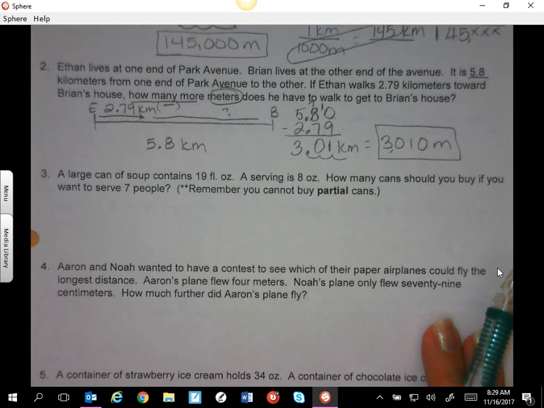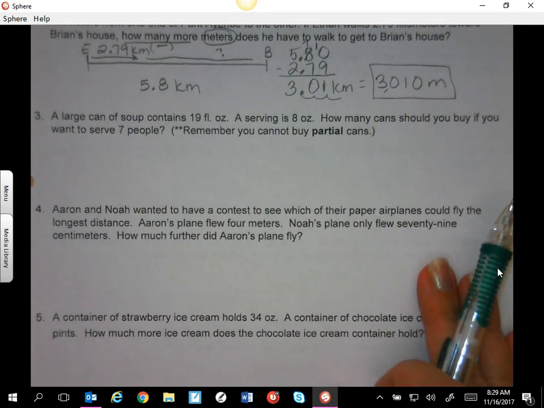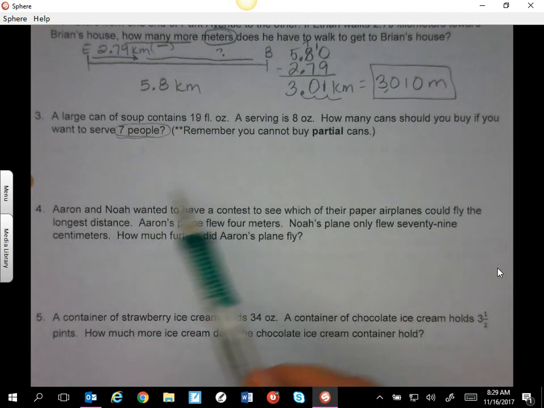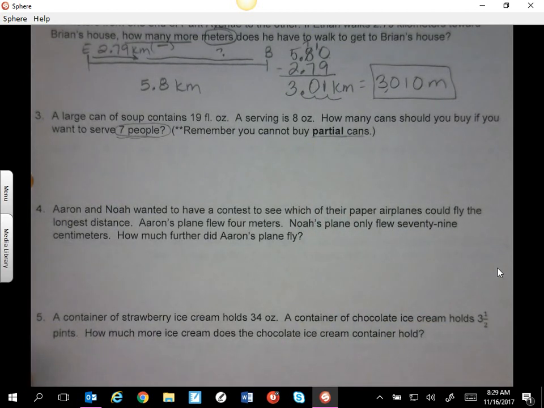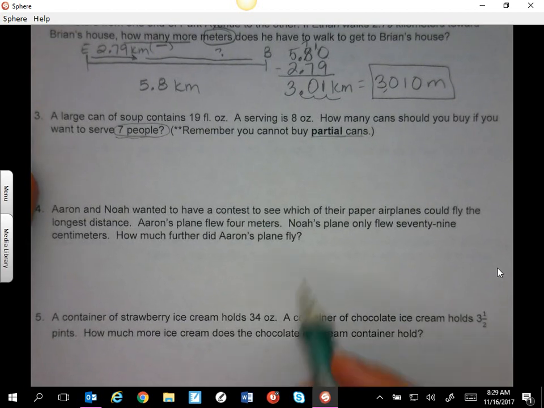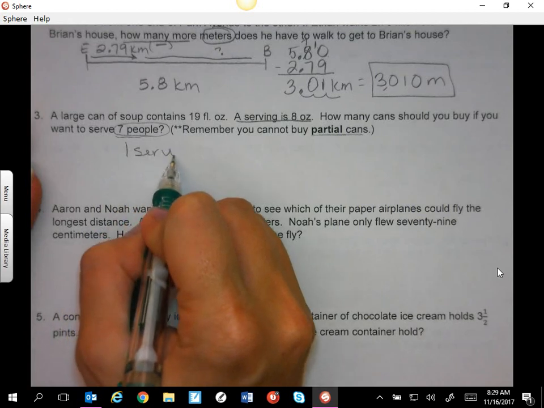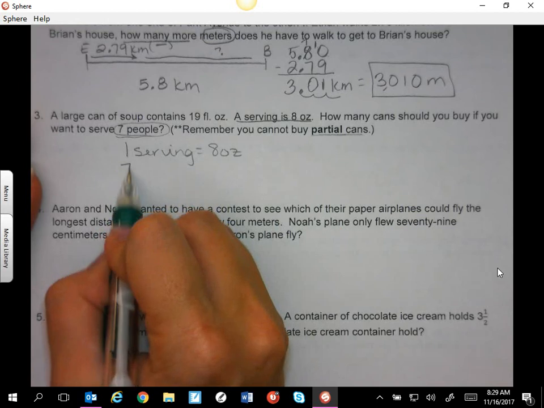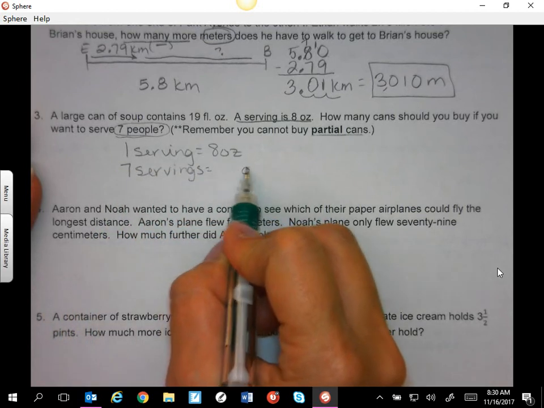A large can of soup contains 19 ounces. The serving is 8 ounces. How many cans did you buy if you want to serve 7 people? We cannot buy partial cans. So we're going to have to look and decide, well, if one serving is 8 ounces, and I need 7 servings because I have 7 people, how many ounces is that going to be?